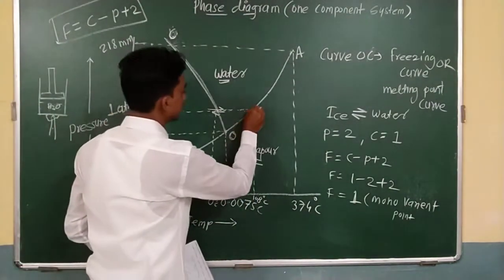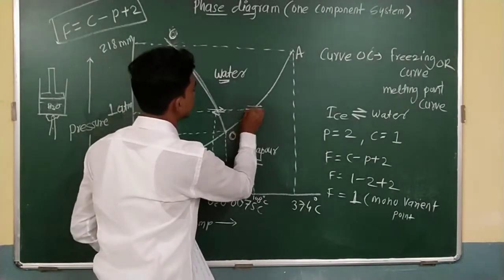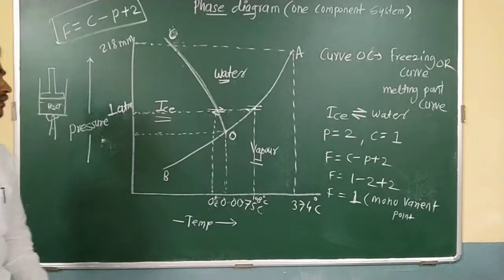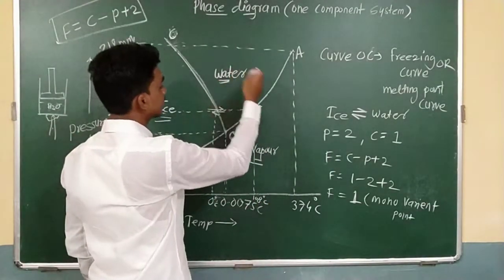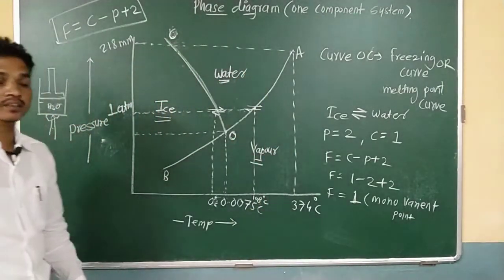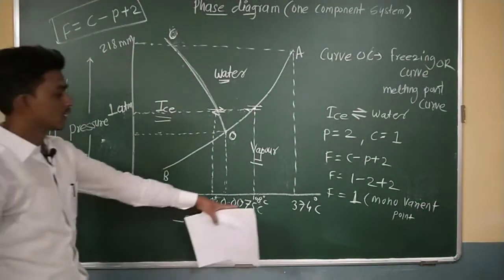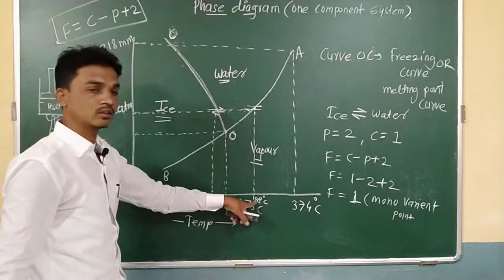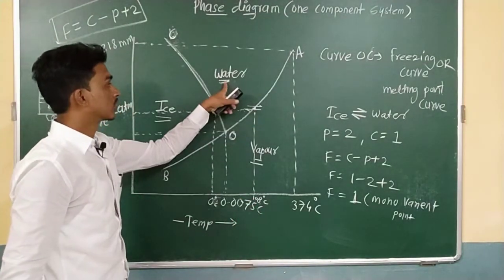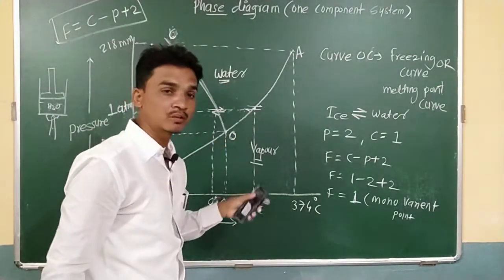That means this is the point, and at this point the water is in equilibrium with vapors. At 100 degrees Celsius and 1 atmospheric pressure, the water is in equilibrium with vapor molecules.